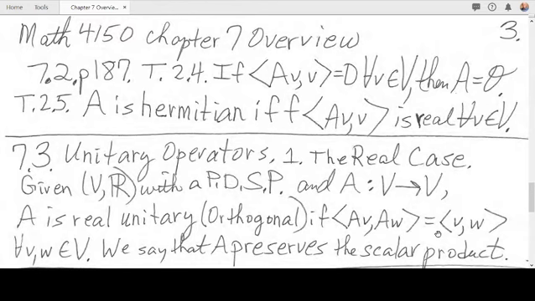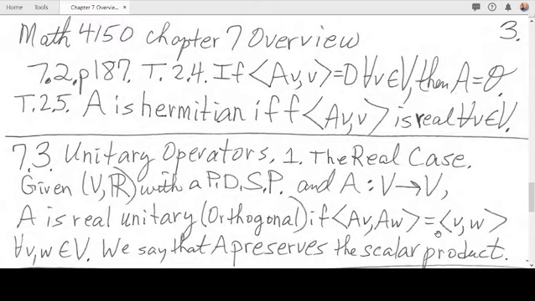A is Hermitian if and only if the scalar product of AV with V is real for all vectors V in V. Now this theorem 2.5 has important implications in chapter 8 when we look at the eigenvalues for both symmetric and Hermitian matrices. Turns out that their eigenvalues are always going to be real, not complex.